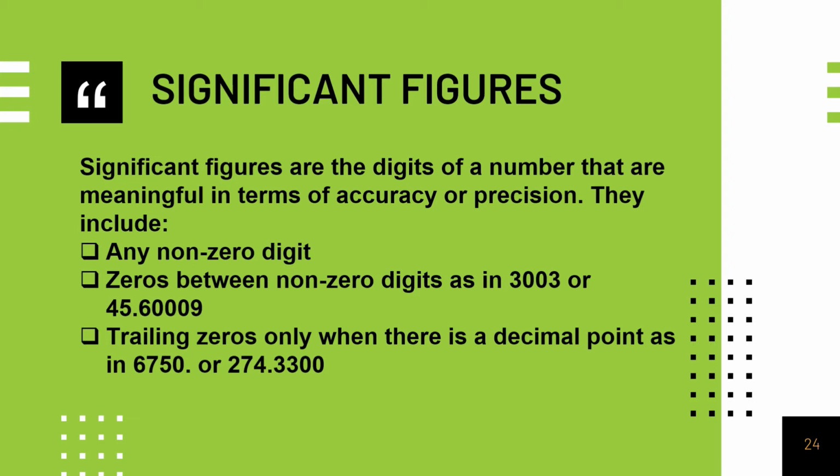Okay, so these are the significant figure. So we use a significant figure to determine the accuracy and precision of a certain data. So yung mga data na dot, decimal, repeating decimal, and also non-repeating decimals, we use a significant figure to determine the accuracy and precisions of that certain data.